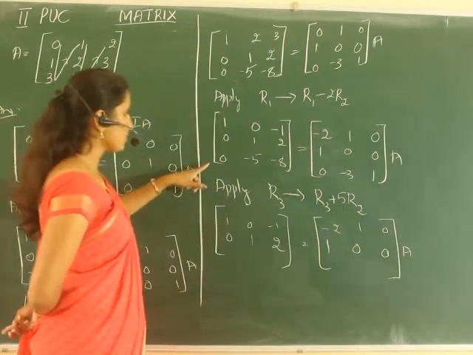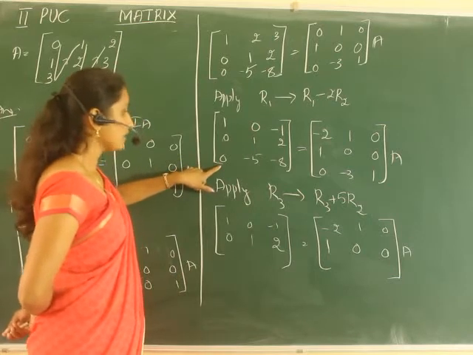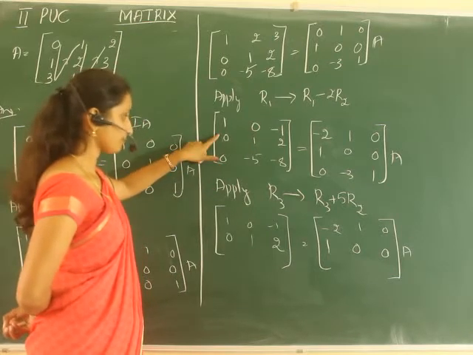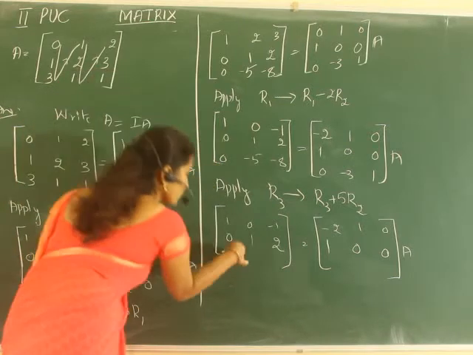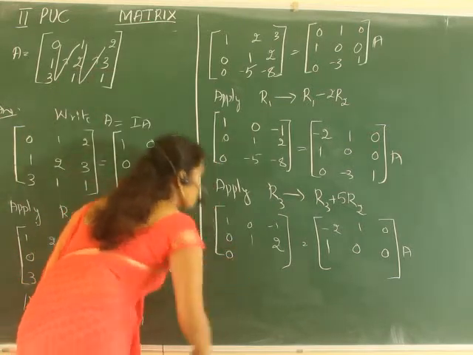So how does it change? R3 changes to R3 plus 5 into R2. So 0 plus 5 into 0 is 0 only. There is no change in that.